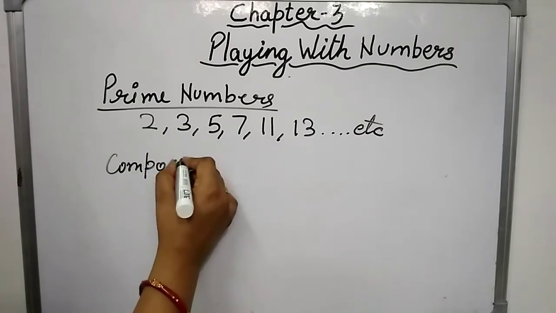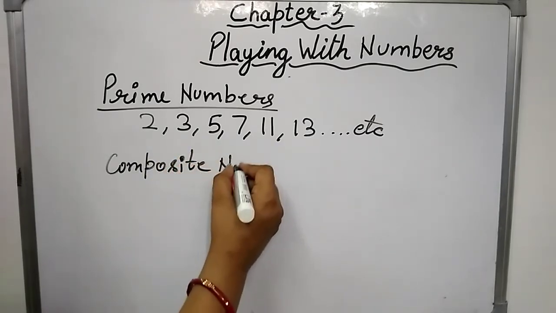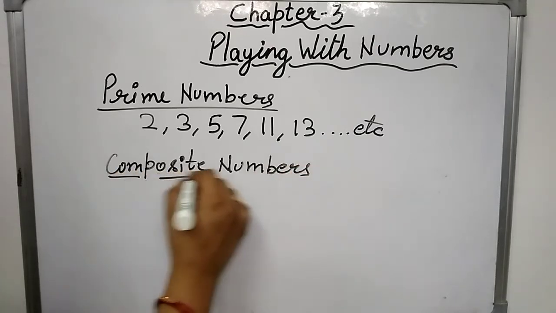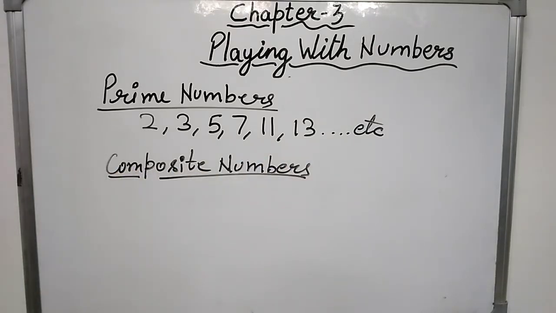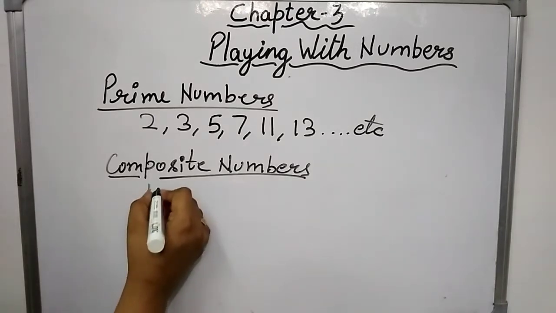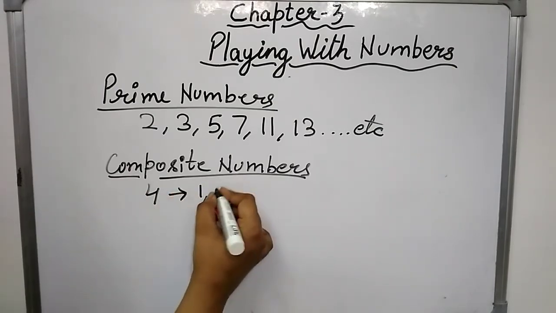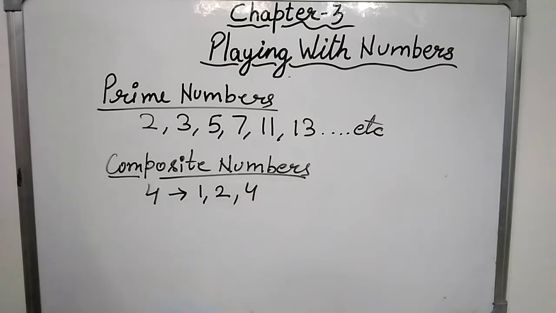Next we have composite numbers. Numbers having more than two factors are called composite numbers. We can see number 4 has factors 1, 2, 4.